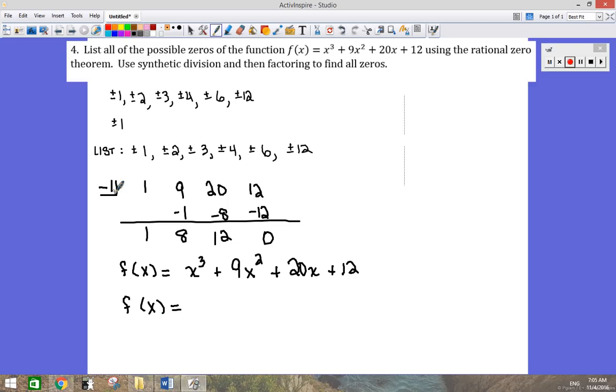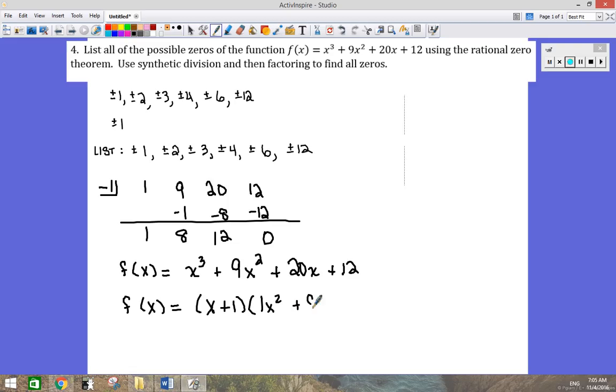If an x-intercept is -1, if a 0 of the function is -1, in factored form we write that as x plus 1. And now this 1, 8, and 12, well, the 12 is the constant term, the 8 is the linear term, and the 1 is the quadratic term.